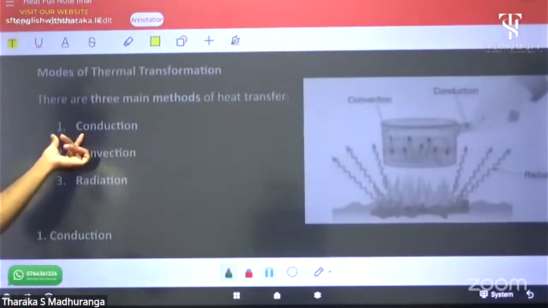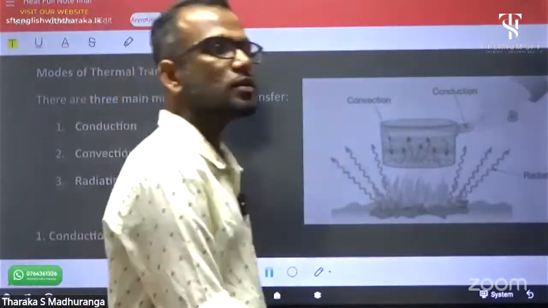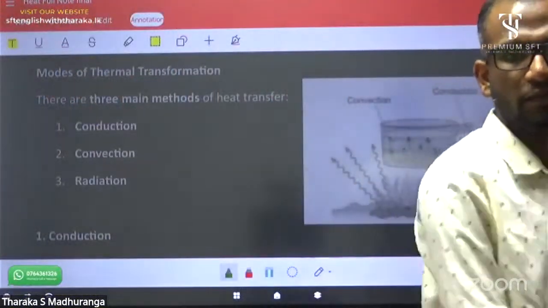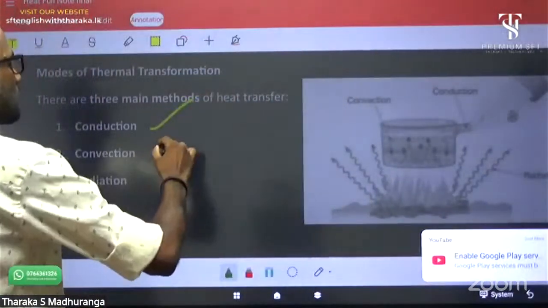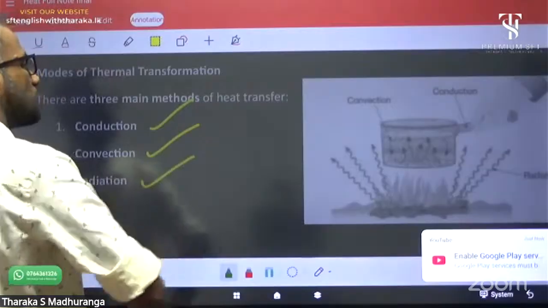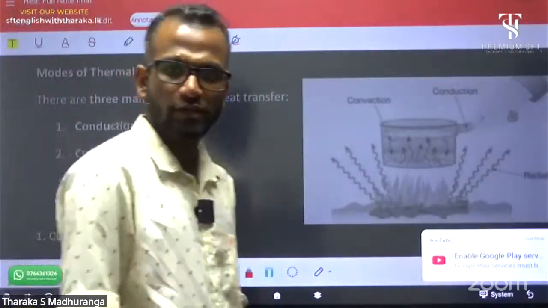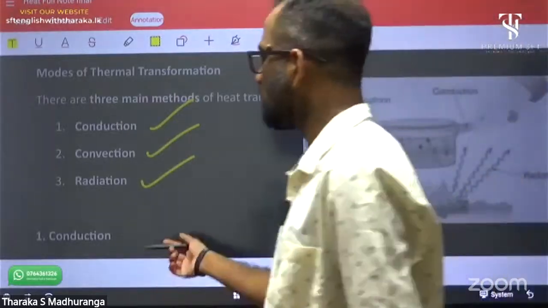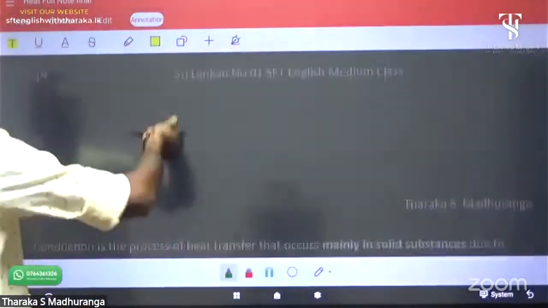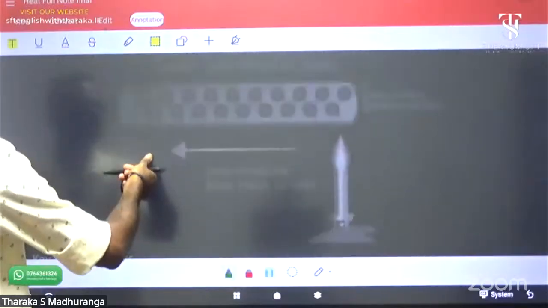Right. Okay, there are three main thermal transformation methods. The first one, conduction, convection, and radiation. You already know that from O-level time. Okay, what's the meaning of conduction?